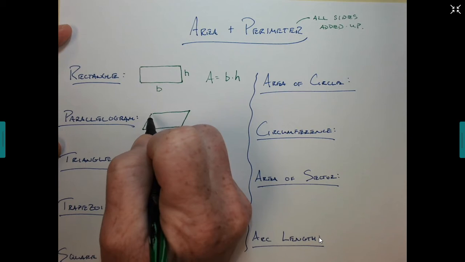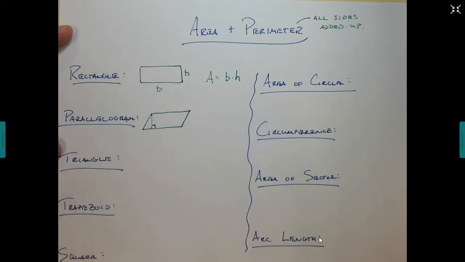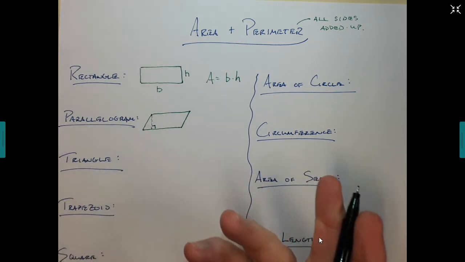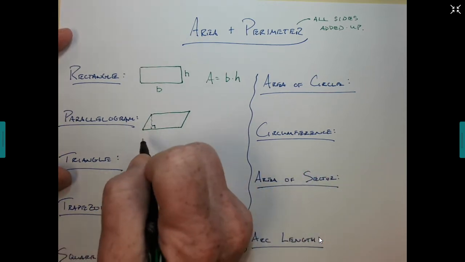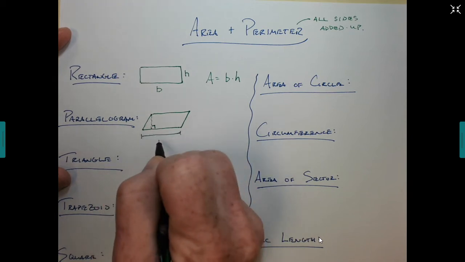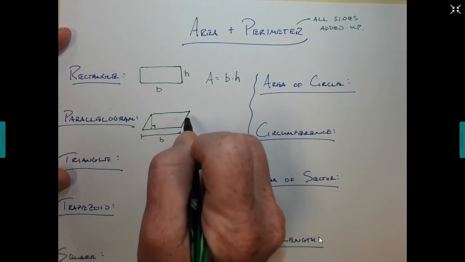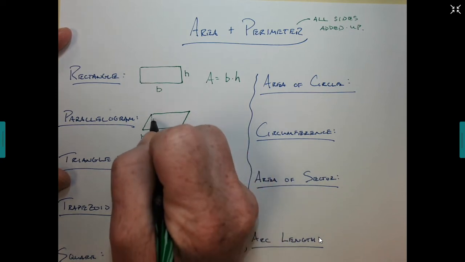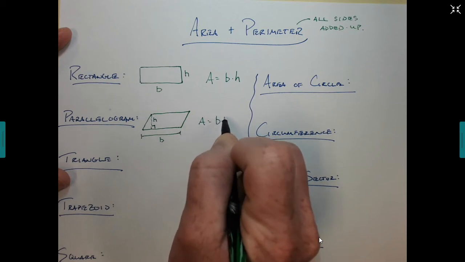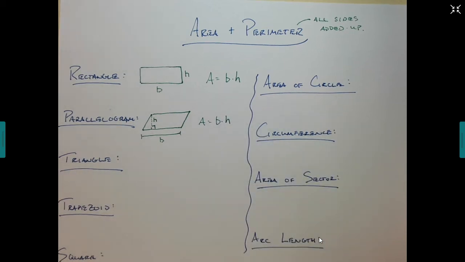If I made a perpendicular line right there and cut off this triangle and put it over here, we just have a rectangle, which means the same formula works. I just need the base, and the height is not this diagonal measure, but this vertical one here. So we still have the same formula, area is base times height.